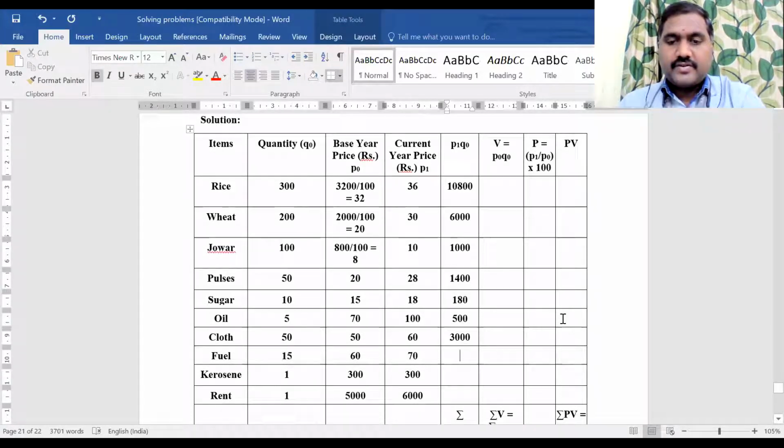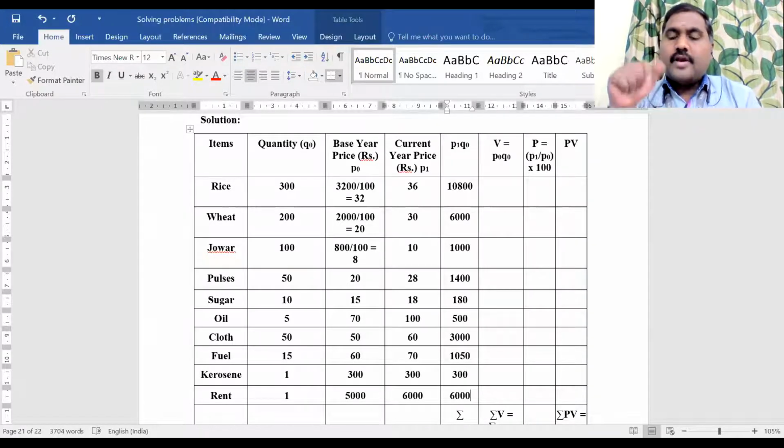Okay, so 15 into 70, 1050, right? Okay, and this will be 300. This will be 6000. Okay, so I got the values now.